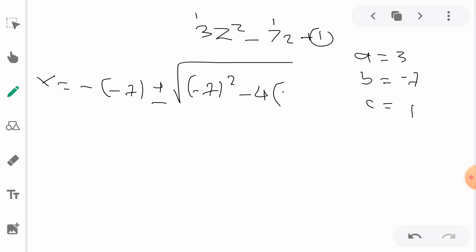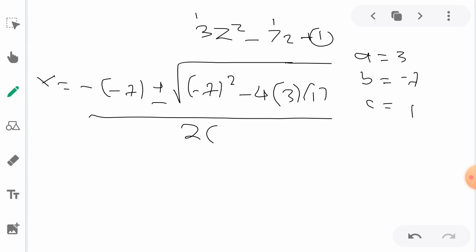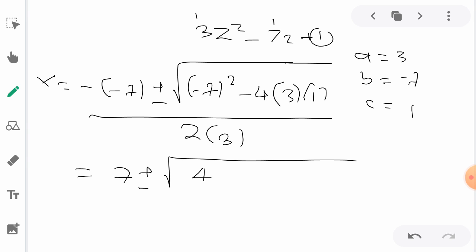What is a? A is 3. What is c? C is 1. Then over 2a, where a is 3. Then we have 7 plus or minus, negative 7 squared will give you positive 49. Then negative 4 times 3 times 1 will give you negative 12, over 6.